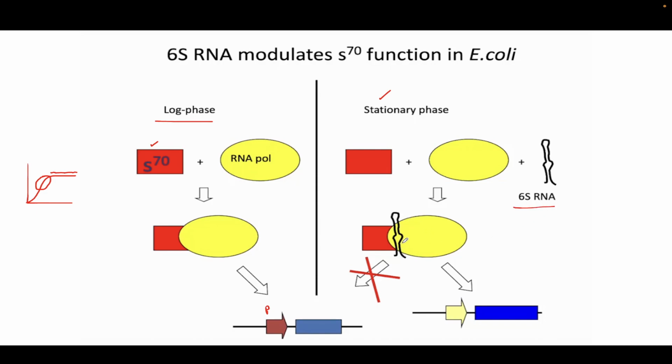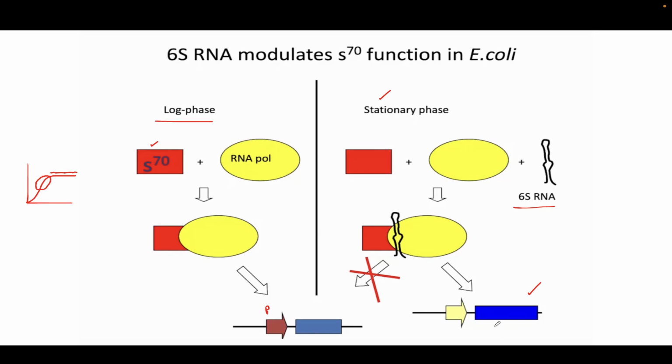Now it will bind to this particular interaction phase and will suppress or prevent the gene expression here. Got it? Now it will look like this. It will prevent the gene expression where a number of products get produced.